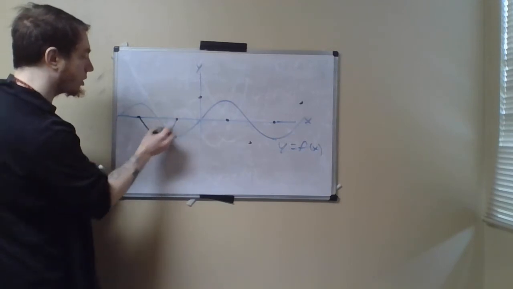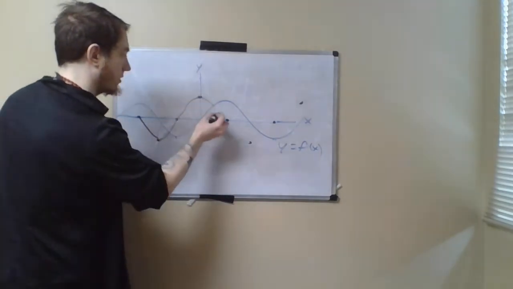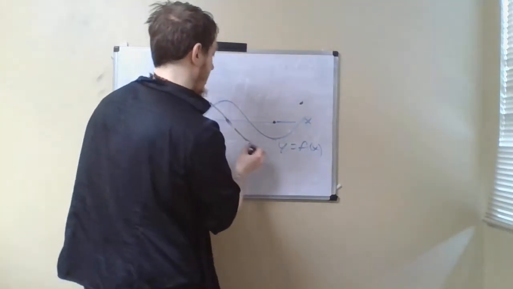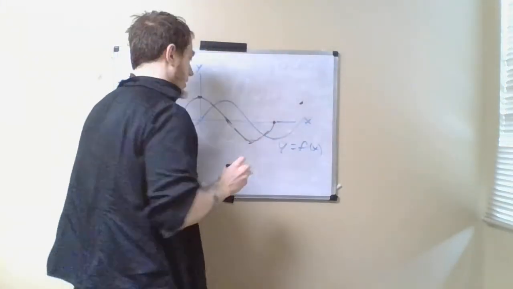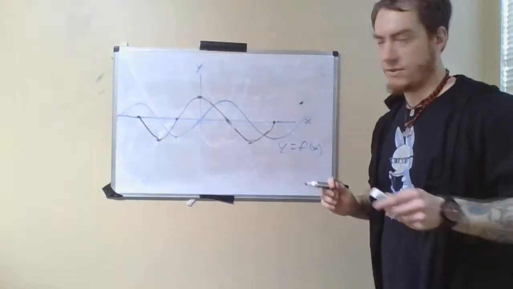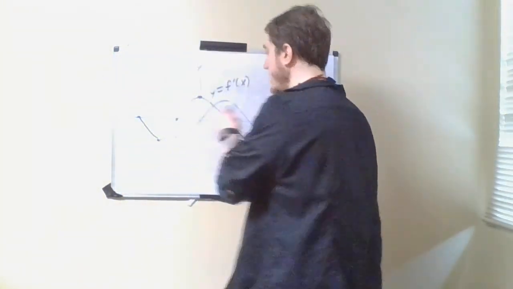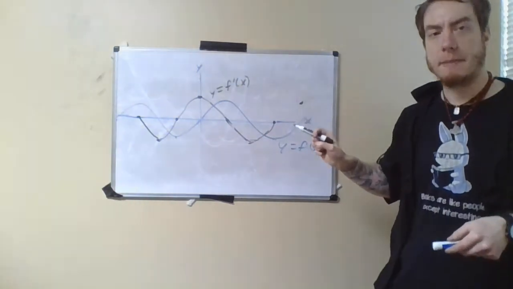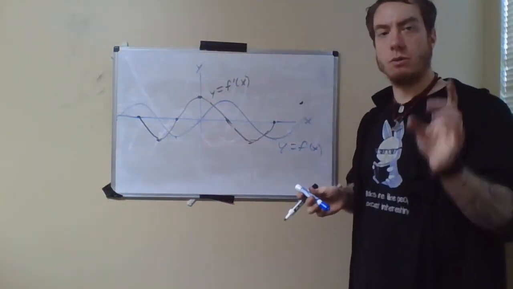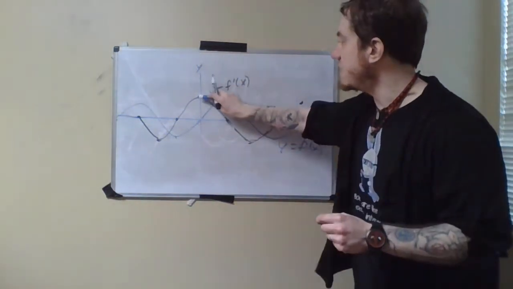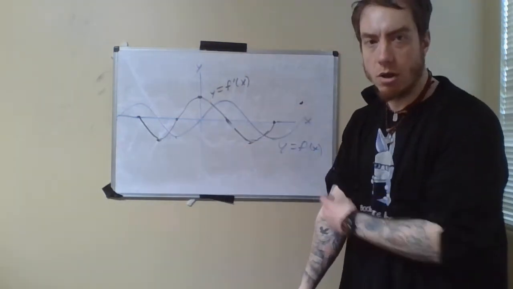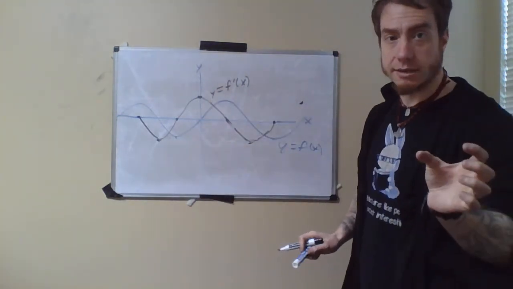And what does this curve kind of look like to you? Because it looks like a cosine curve. This is my y equals f prime of x, and it really looks a lot like a cosine. It's a sinusoidal wave, but it's shifted so that it has a peak at 0, which is like the cosine curve.